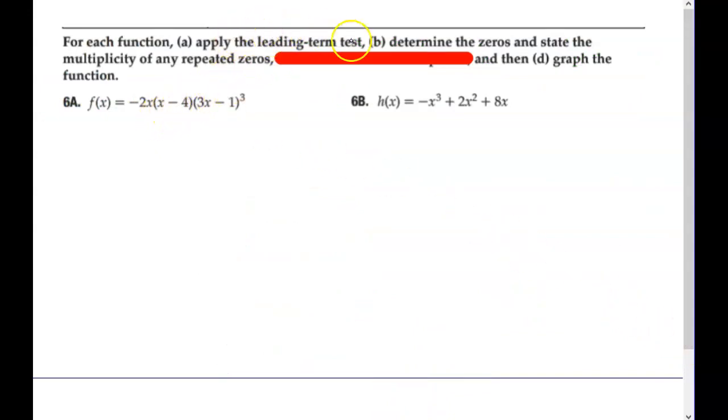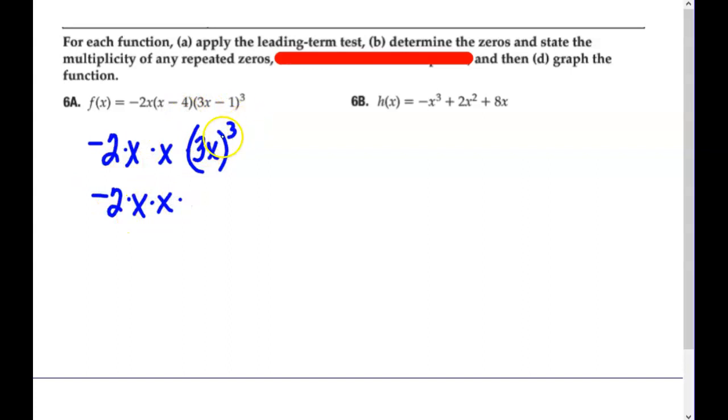This is the leading term test business. I have a -2 times an x. Here I have another x, and back here I have a 3x that's to the third. I'm ignoring anything that's not an x for just a minute. So this is a -2 times an x times an x times, what's 3 to the third, guys? 27 maybe?